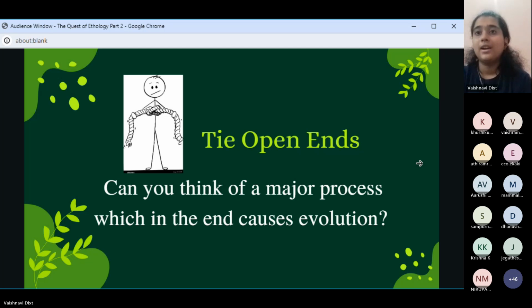But if after getting replaced it codes for some different amino acid, it can actually change the entire structure of the protein. So one mutation, one replacement can cause some deadly disease like sickle cell anemia. So that can also happen.